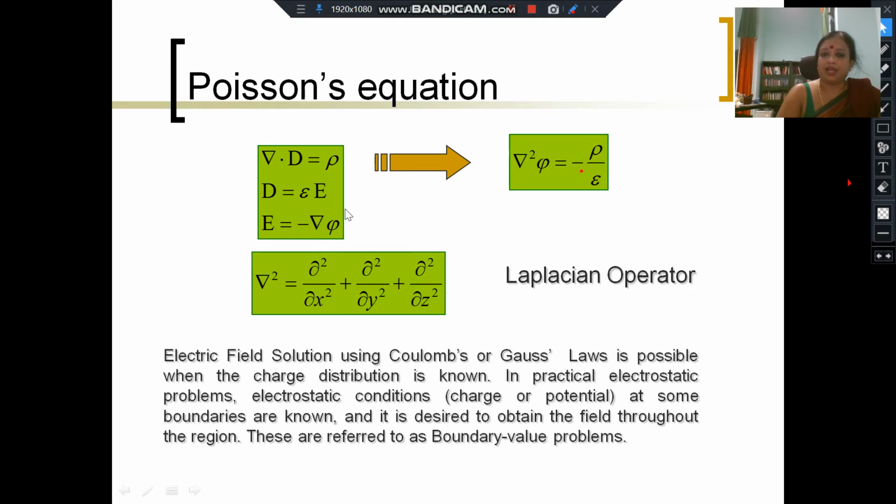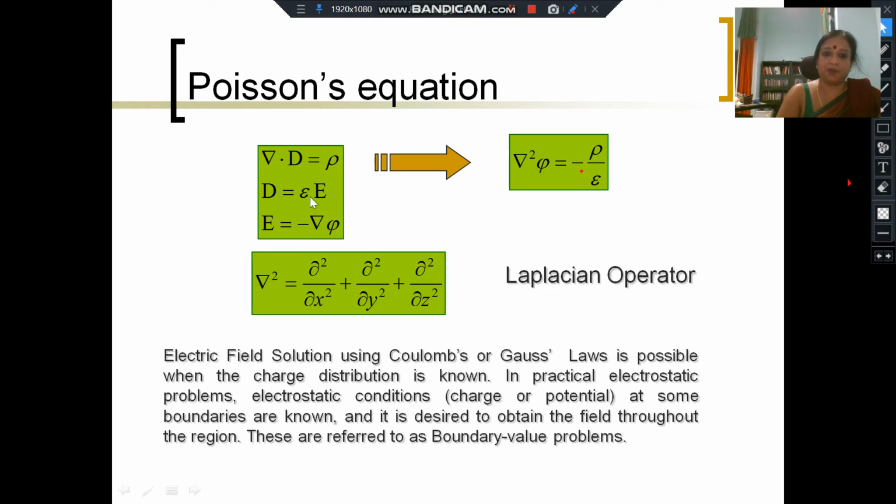Now, let us look at these three equations. We have already encountered these three equations. This is Gauss's law, Maxwell's first equation, which gives me divergence of D is equal to rho. D is equal to epsilon E is a constitutive relation relating the flux density and the electric field intensity in a dielectric medium. E is equal to the gradient of potential V or phi, so E is equal to minus grad phi.